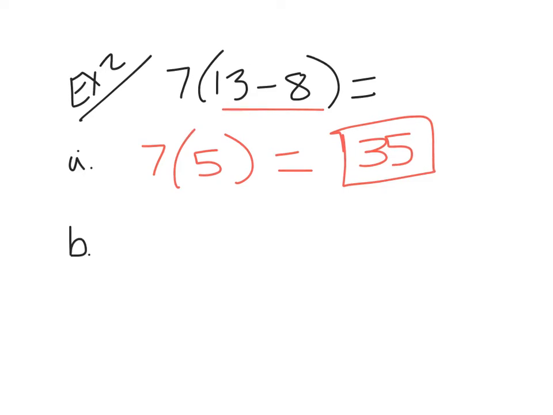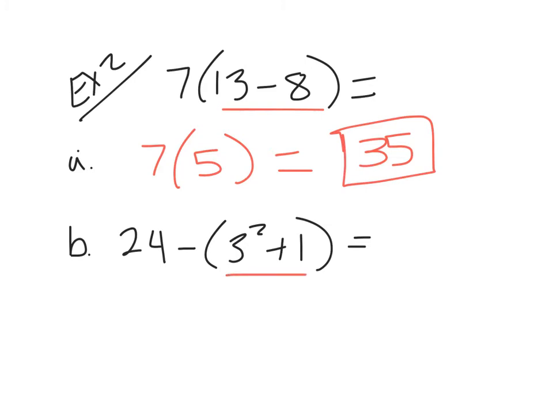So let's look at B. We have 24 minus 3 squared plus 1. So what's the first thing I'm going to do? Parentheses. In the parentheses, I have an exponent, so I got to do that portion first in the parentheses. So 3 squared would be? 9.